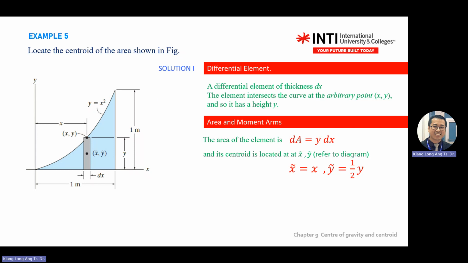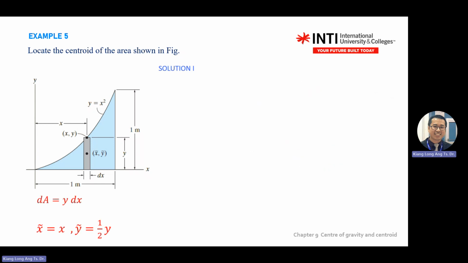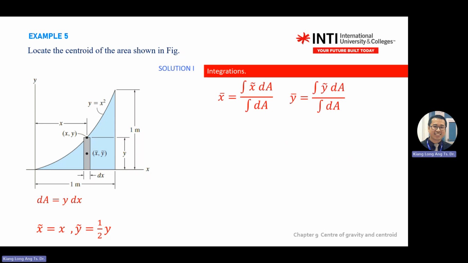So your total length is y, and y curly is half y. Then you put into the integration steps these two equations. X bar equals the integration of x curly dA divided by the integration of dA. Apply the same for y.